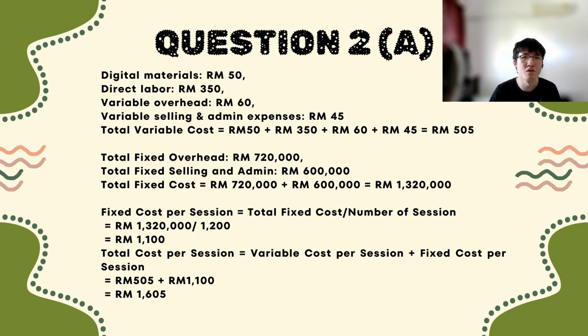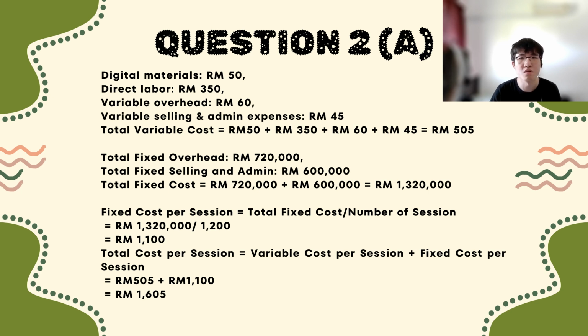Hello, I'm Tang Jun and I will be presenting the solution for question 2A, which asks us to determine the total cost per section. To find the total cost, we need to calculate two components, the variable cost and fixed cost. First, let's look at the variable cost.